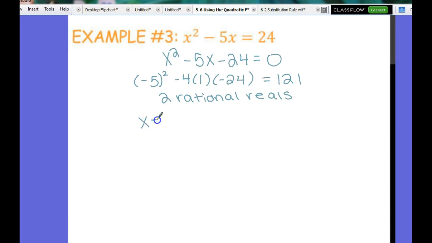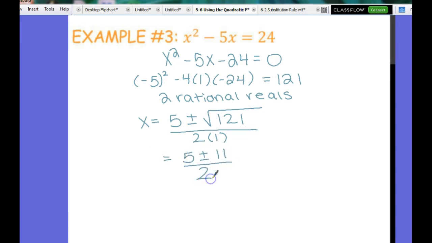So you get x equals negative b, so in this case a positive 5, this is negative, plus or minus square root of 121 all over 2 times 1. The square root of 121 is 11, so you get 5 plus or minus 11 all over 2.